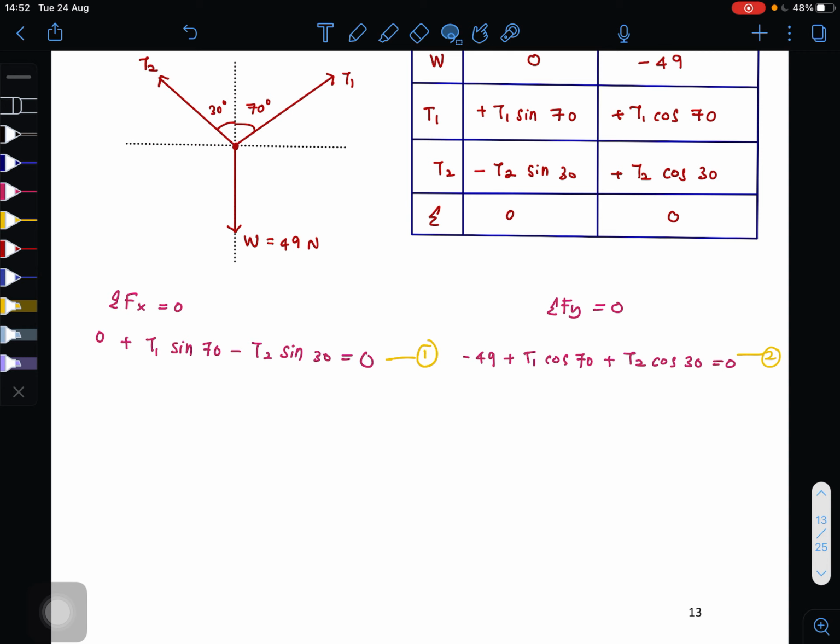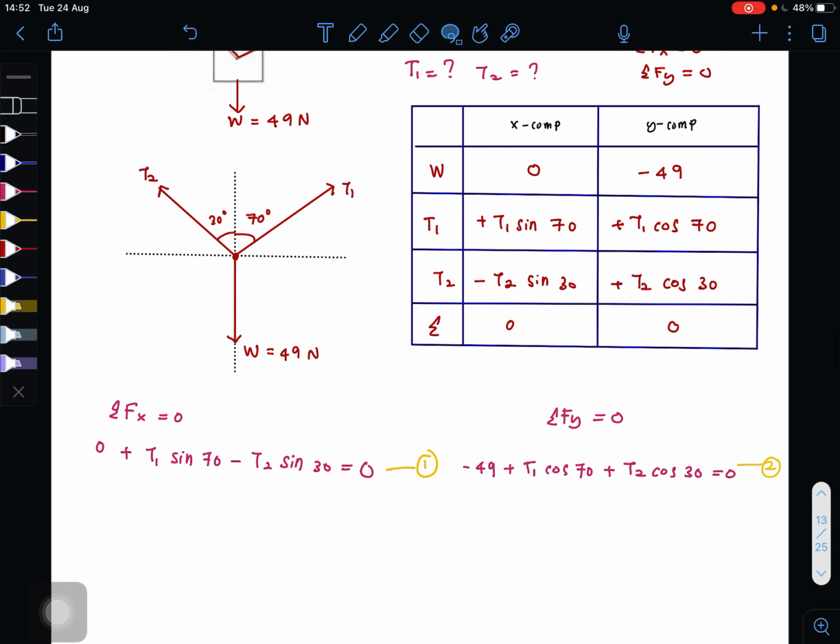Okay, so we have two equations because we have two unknowns. We need to find T1 and T2.